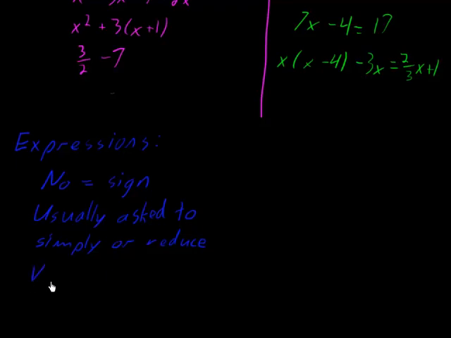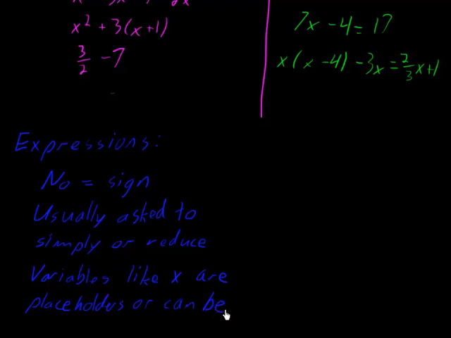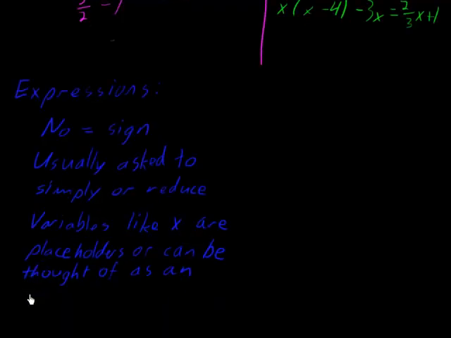So variables like x can be viewed as placeholders, or can be thought of as, and I'm running out of room, an arbitrary number.